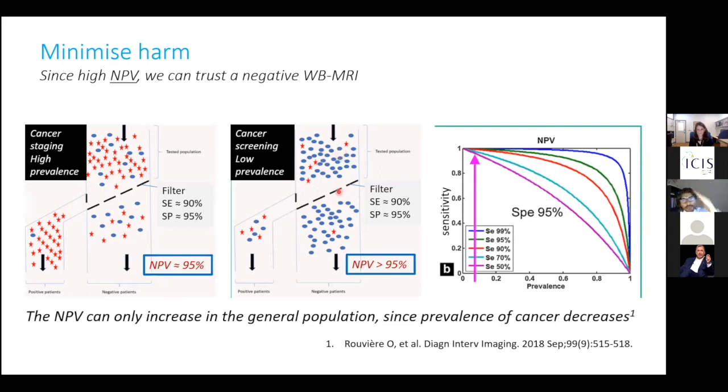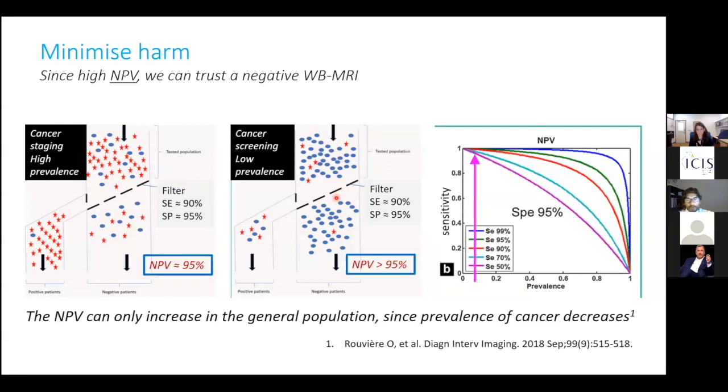Then you apply your filter, and you see that just a few red stars pass through. So it means that if you lower the prevalence of cancer in the population, the negative predictive value must be higher. So we have in our hands an instrument, whole body MRI, whose negative predictive value must be higher than 95%.